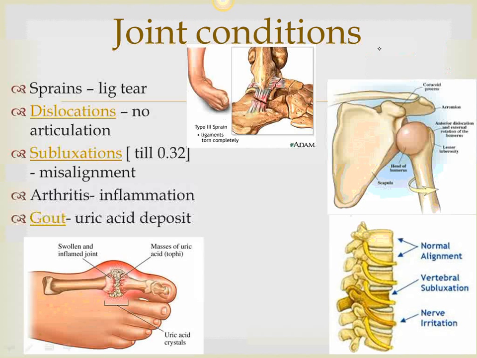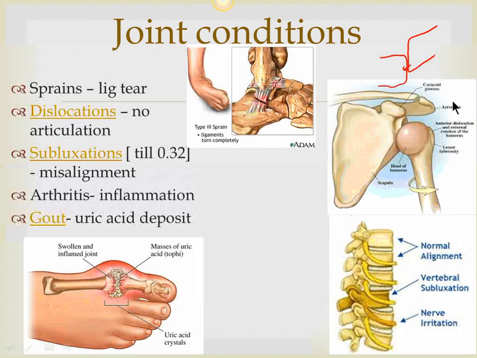In a subluxation, if this was the normal place where they were articulating, they are pushed out of alignment, but they still make contact with each other. Can you see? They are still in contact, but it's misaligned. So they move away from each other, but still touching at some point. So that is known as a subluxation.